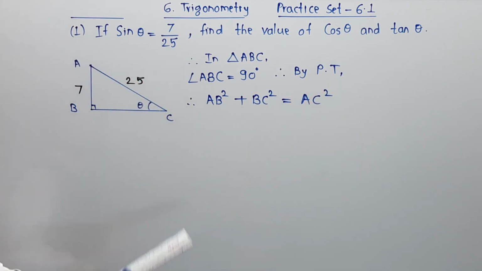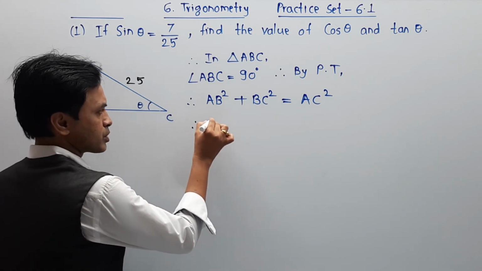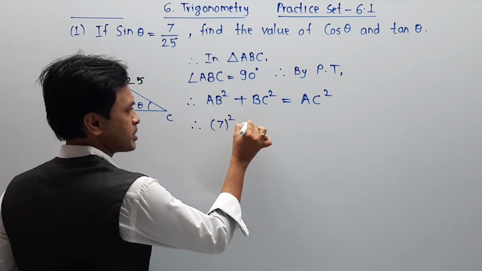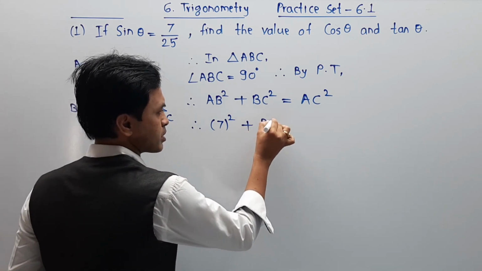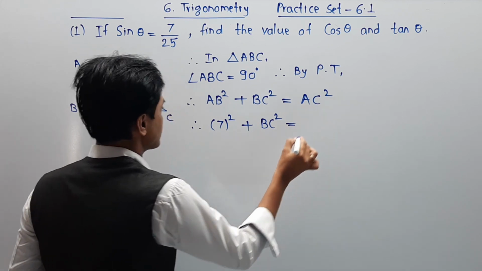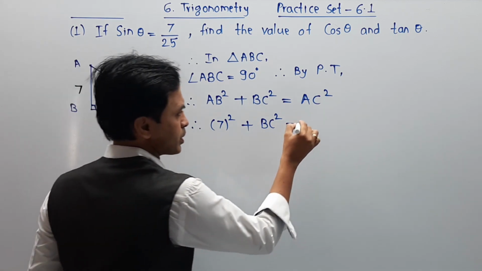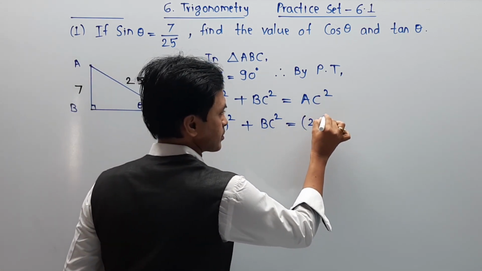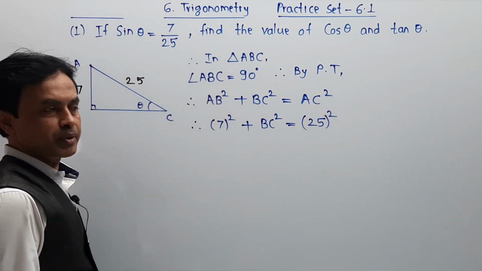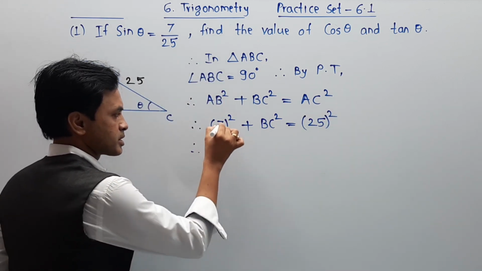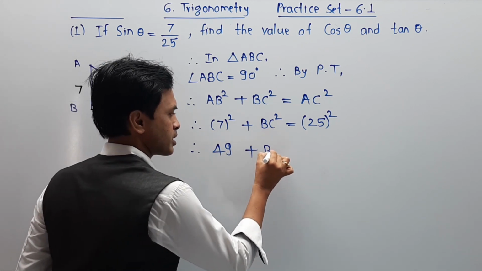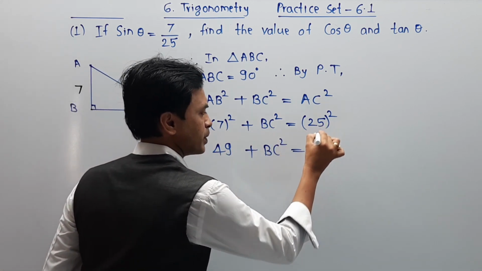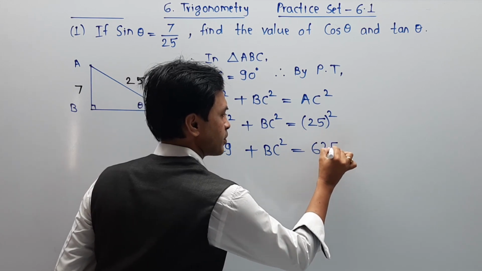Now I am going to put the values over here. AB square means 7 square, plus BC square, which is unknown for us, is equal to AC square, means 25 square. Now the simplification part: 7 square means 49, plus BC square is equal to 25 square, means 625.